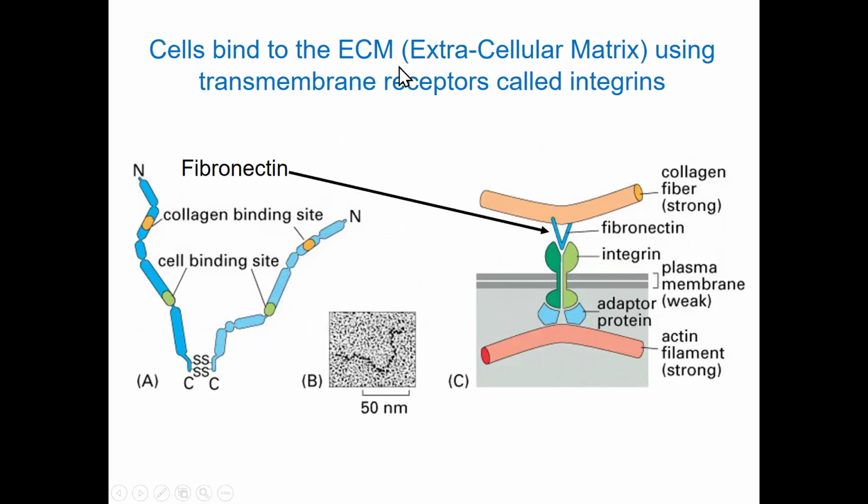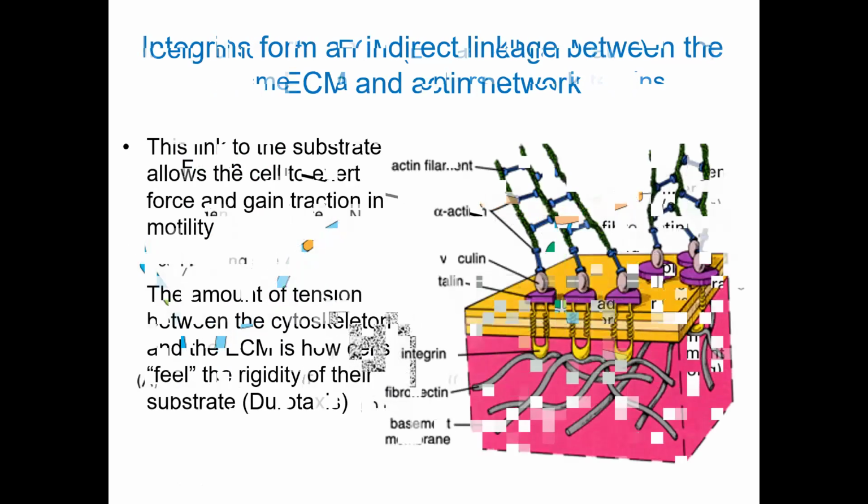The cell binds to the extracellular matrix using transmembrane receptors called integrins. Extracellular matrix is actually the adhesive. So here, integrins, you can see how they work to attach to the surface to crawl the cell.